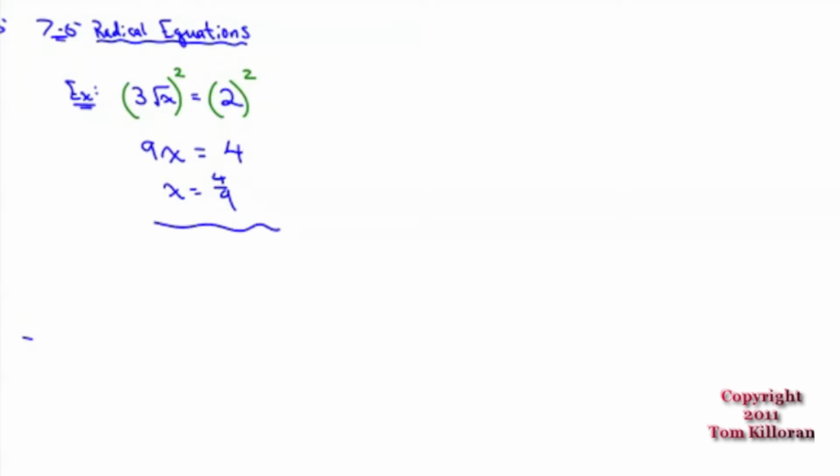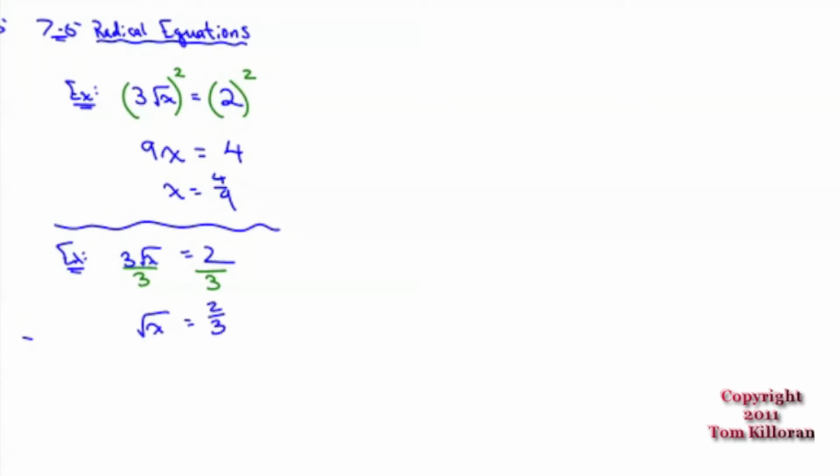Isolate the square root. We could have also done the same problem by dividing by 3 first. Does that change anything? Not really. It just causes a fraction on the other side. So if we divide it by 3 first, that would have left us the square root of x equals 2/3. All right.